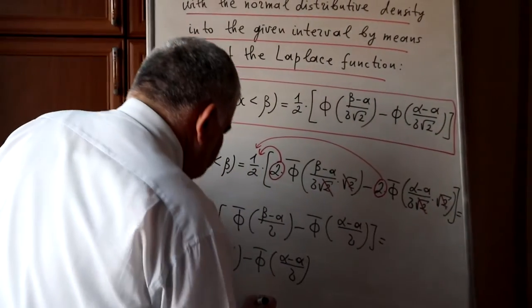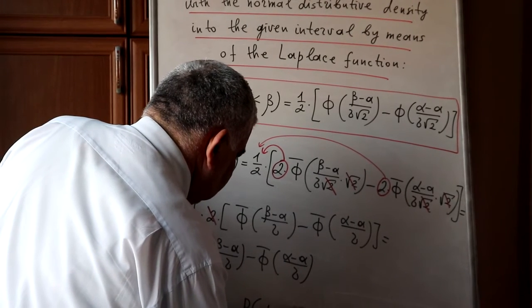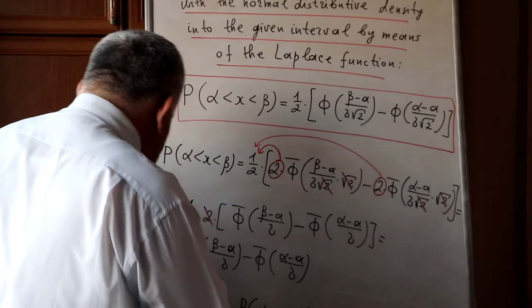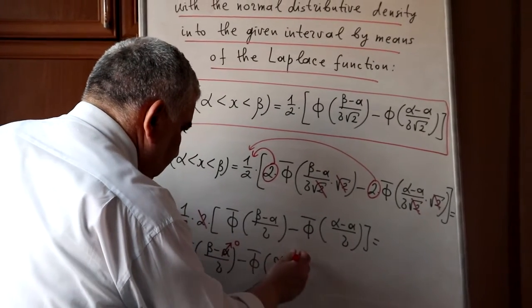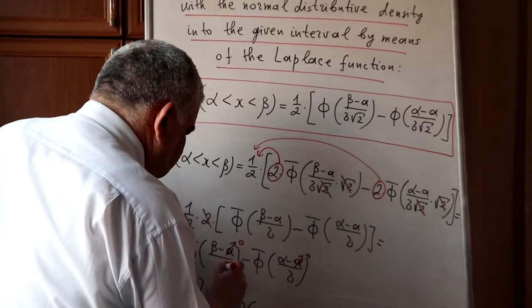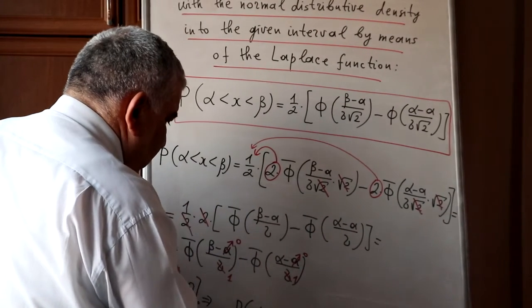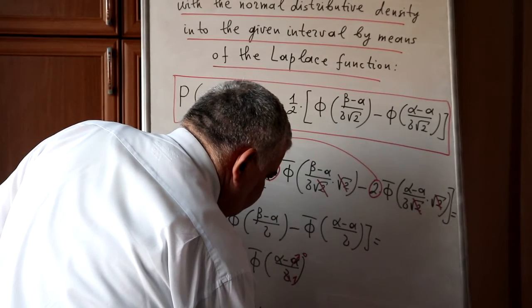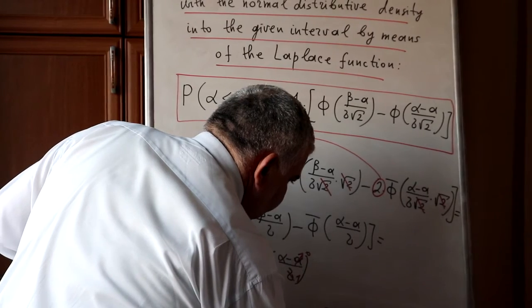P that alpha is less than x is less than beta is equal to, simply, a is 0 and sigma is 1, and then we'll obtain the simplest formula, phi bar of beta minus phi bar of alpha.